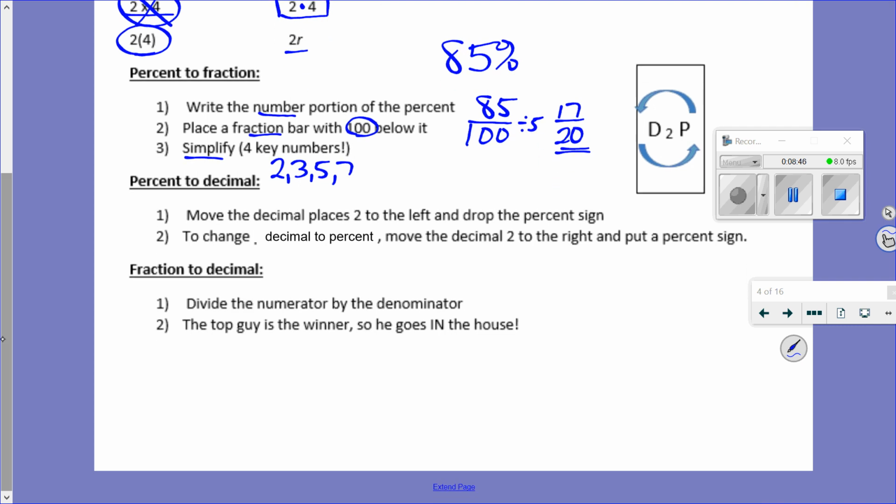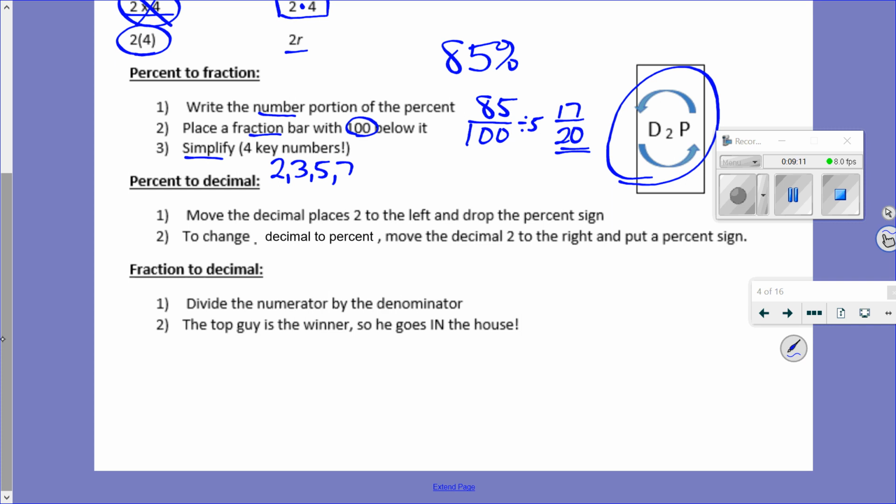Okay, this next one, percent to decimal. This is where we look to the God of all sodas, Dr. Pepper. He is your best friend. Okay? Dr. Pepper shows you what to do. There's 3 things on this. The D stands for decimal. The P stands for percent.